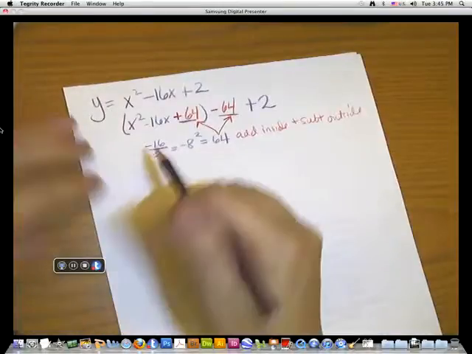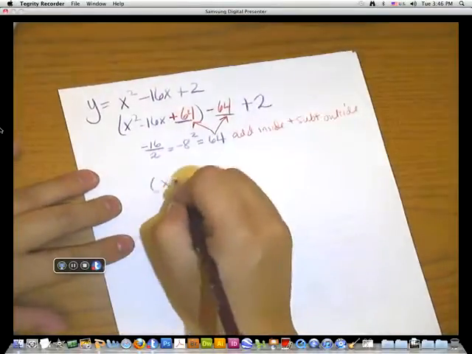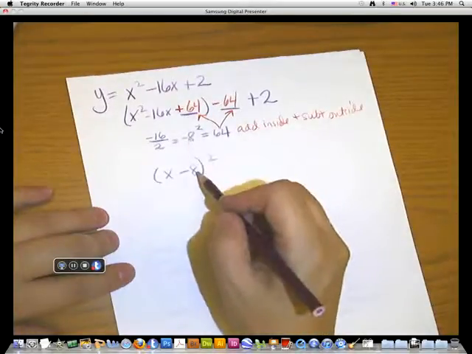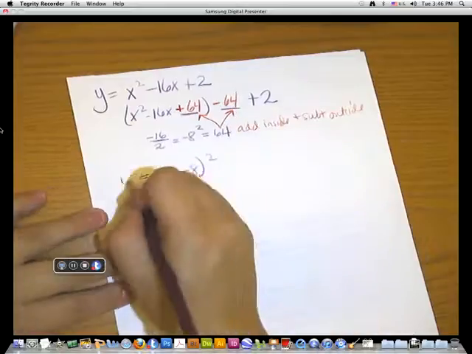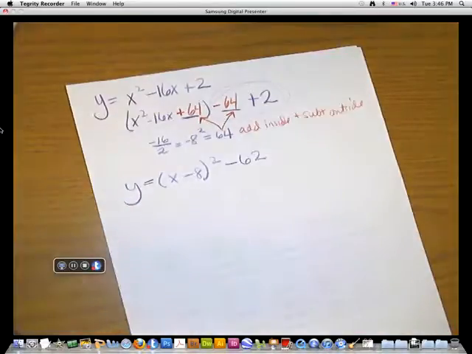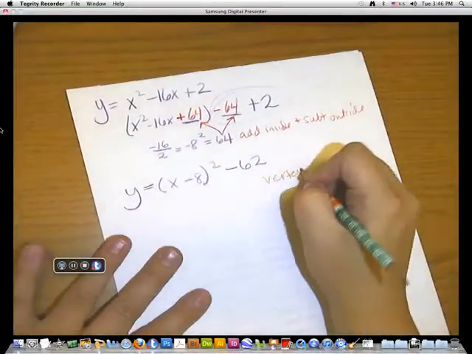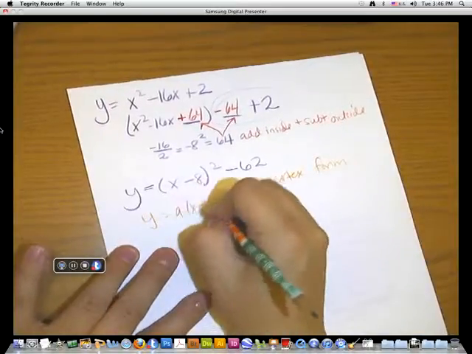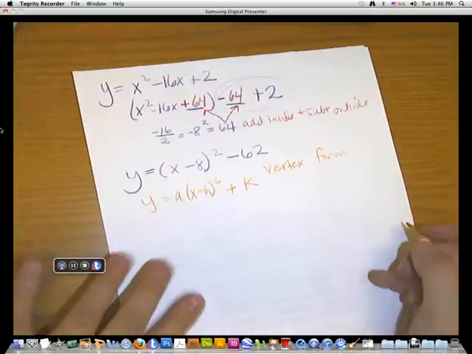All right. Now we still get a perfect square. Again, that comes from our division by 2. And we still have our numbers out here, so minus 62. And there's our vertex form, which we talked about just a second ago: y equals a(x minus h) squared plus k.